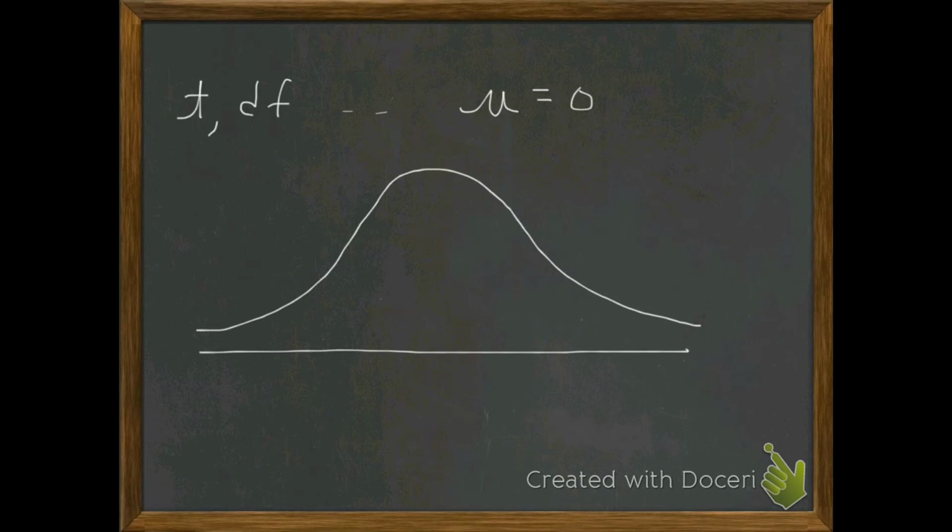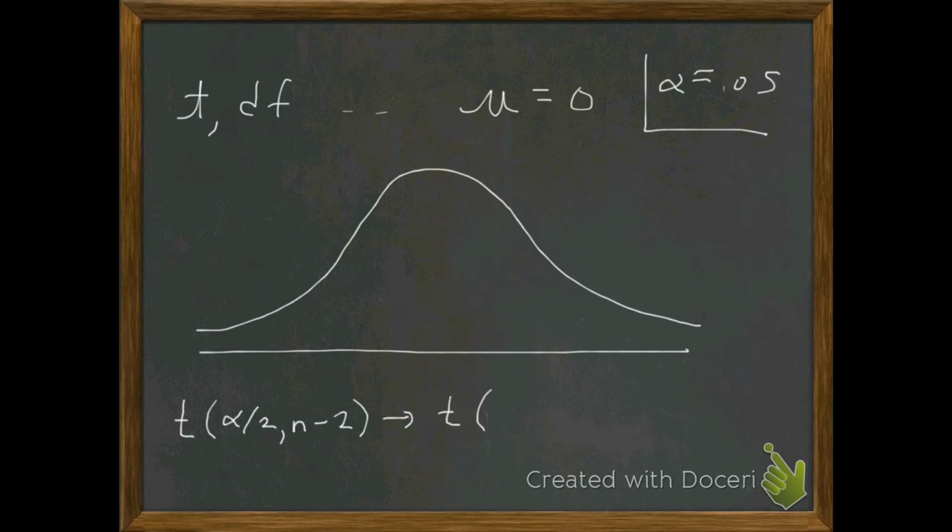Now, when we look at this first t of alpha over 2 given some degrees of freedom n minus 2, in a situation where we got alpha equal 0.05, which is typically going to be the case, what this leads to is t of 0.025 for our degrees of freedom. So what we're actually finding here is the negative t that has area 0.025 to the left.